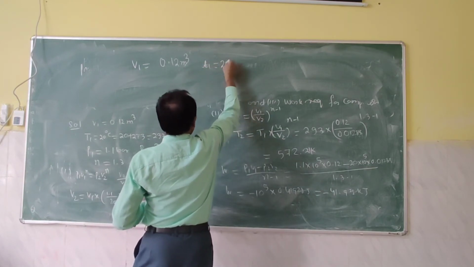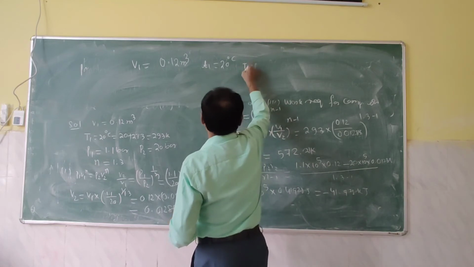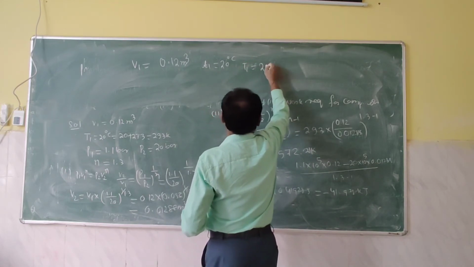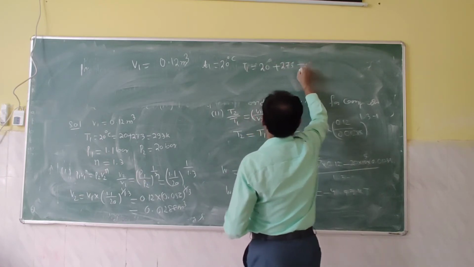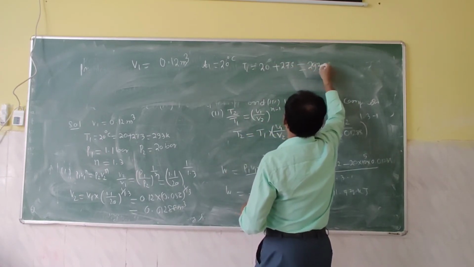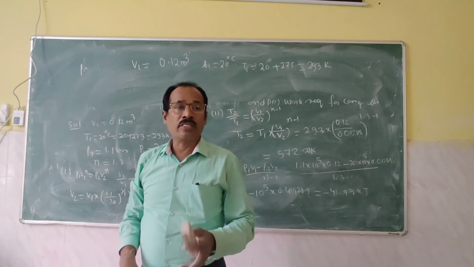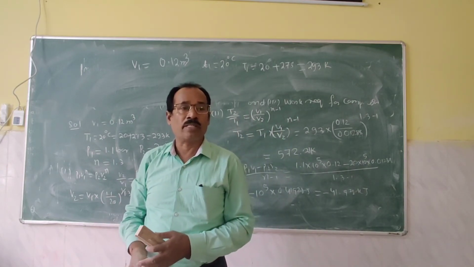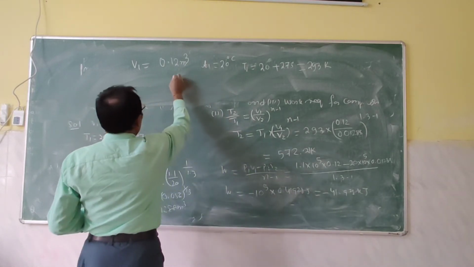T1 is equal to 20 degree centigrade, and T1 is equal to 20 plus 273 is equal to 293 Kelvin, because you know that 0 degree centigrade is equal to 273 Kelvin.